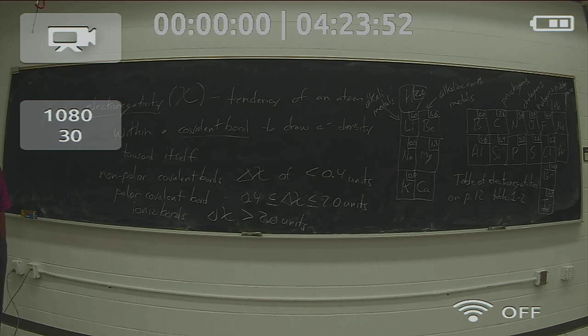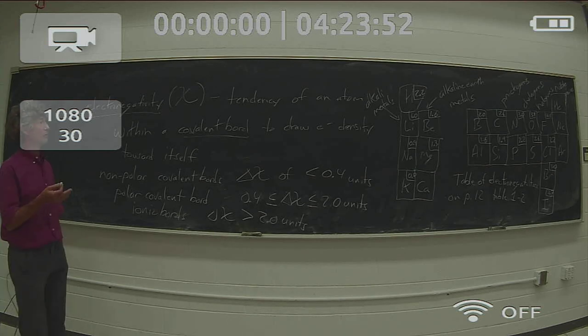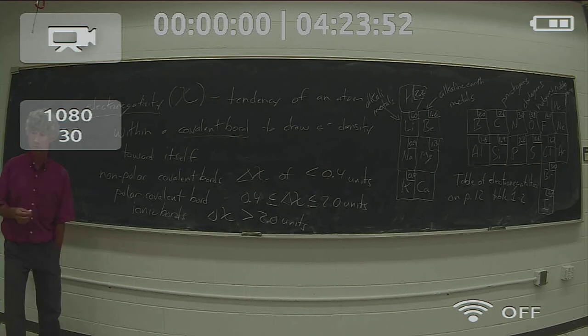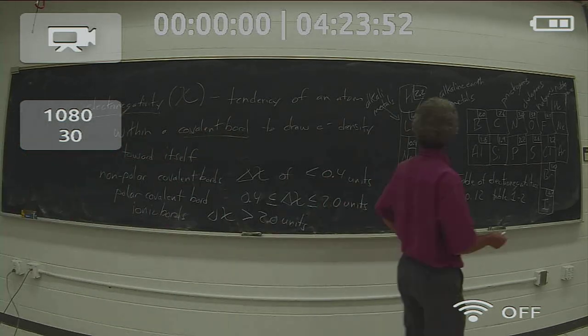You can't actually have l of 2 until you get n equal to 3. So there are no d orbitals on boron, carbon, nitrogen, oxygen, and fluorine, but there are d orbitals on the others. So those are the numbers from the table, and you should endeavor to remember them.